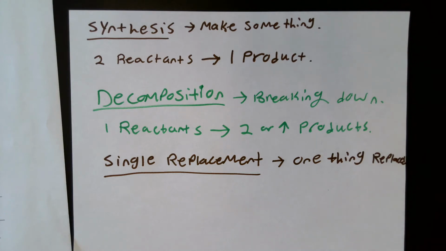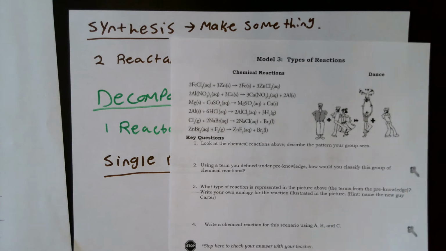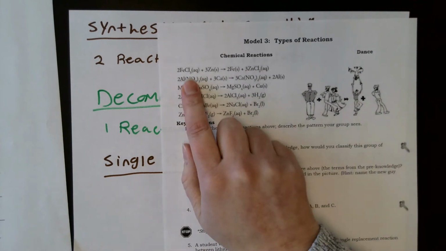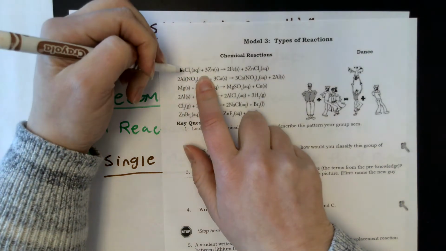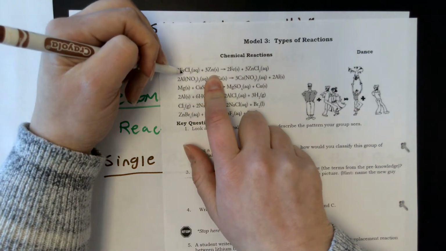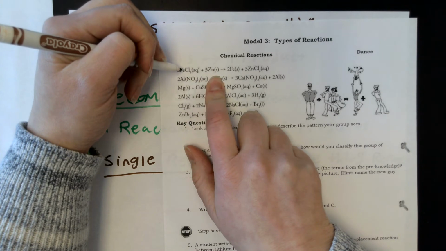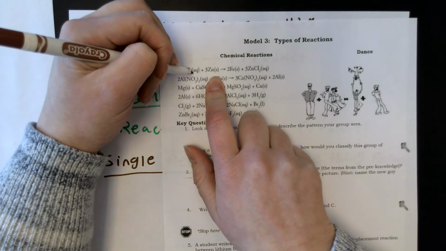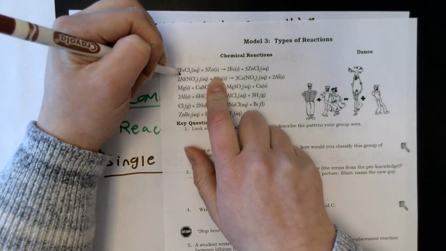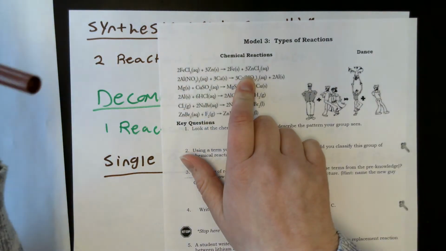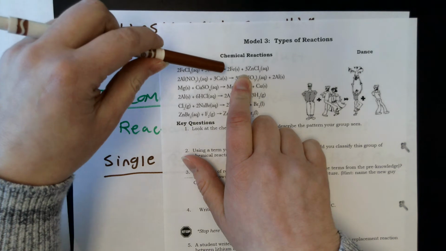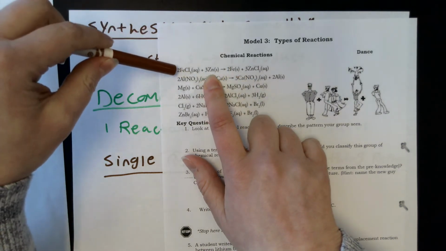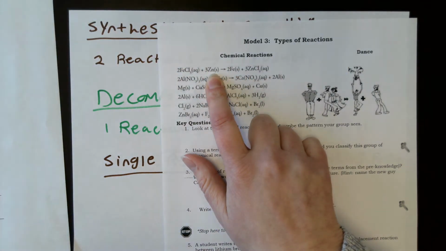If we look at Model 3, if we look at our equations, we notice that we have three things, the three elements, but we have two things here, okay? But we also have two things on the other side. But we need to see which one is by itself on each side.